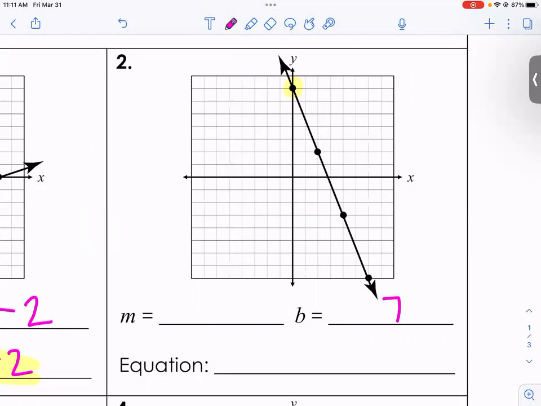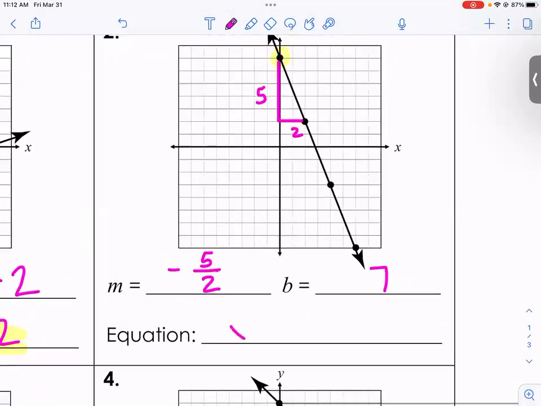Okay, now we need the slope. All right, so it looks like I would need to count 1, 2, 3, 4, 5 down and over 2. Rise over run is 5 over 2. However, it is a negative slope because the line is falling.